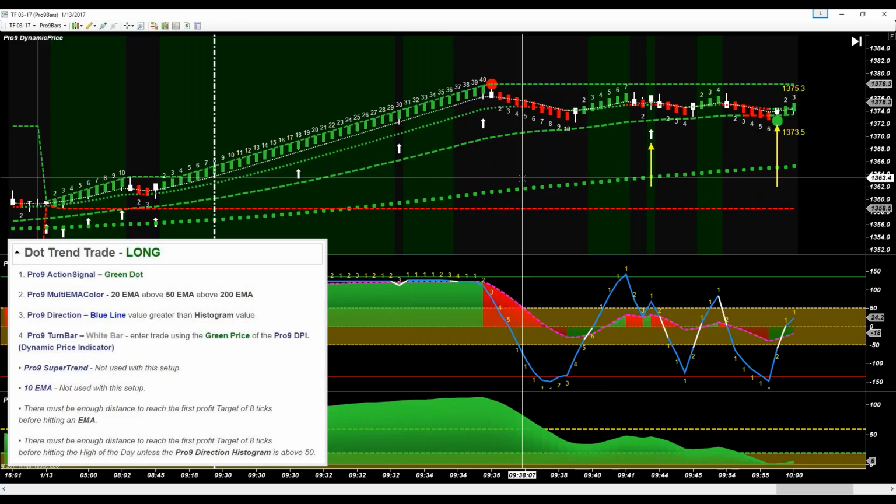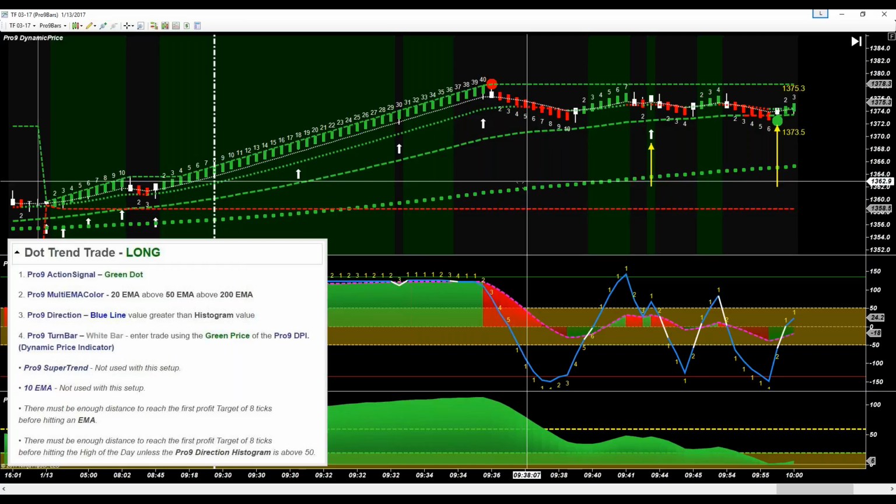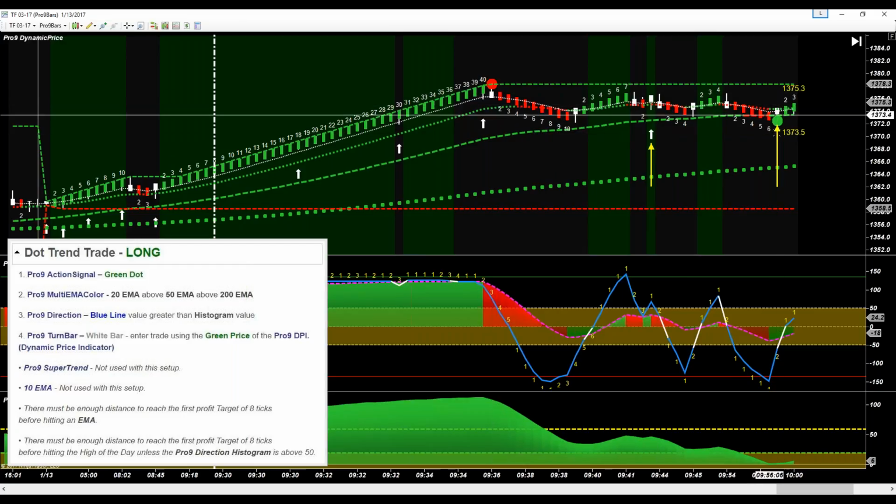And more indicators use more resources from your computer. So that may be adding a lot for not enough benefit to justify having a whole other color background for a very specific configuration, and these dot trends only pop up on average 3 to 5 times a month in any given market.